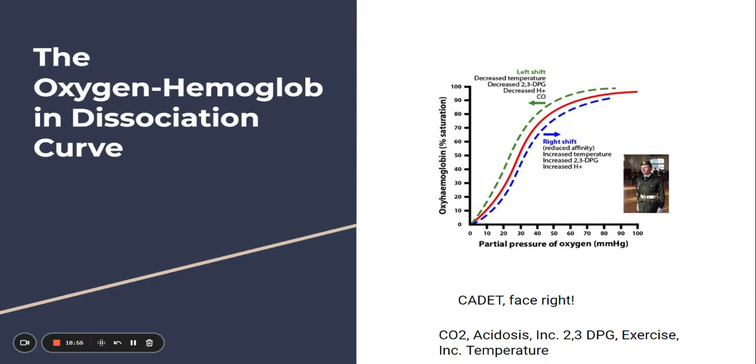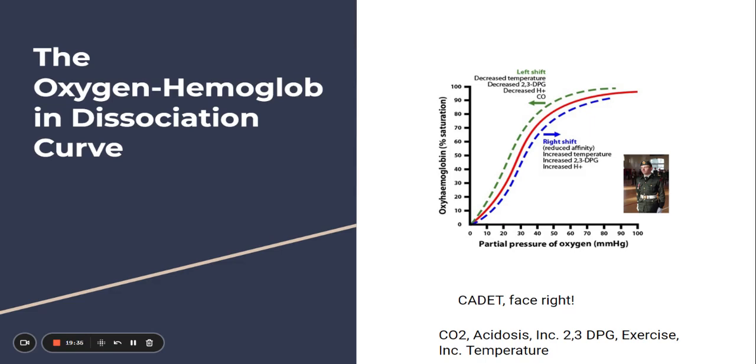If we're doing squats, we're using large muscle groups. Our muscle tissue requires increased blood flow to the area because we need to send more oxygen to those tissues. Forget for a second that we're increasing blood pressure and heart rate and all that. Just think about the oxygen and hemoglobin. The hemoglobin needs to release that oxygen more easily so we can bring more oxygen to the tissues. It makes sense.